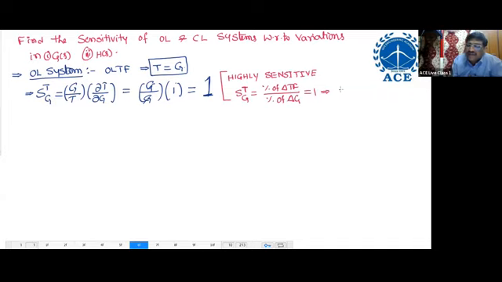That means the percentage change in transfer function equals the percentage change in G. Whatever change occurs in G directly affects the output. Transfer function means output by input.